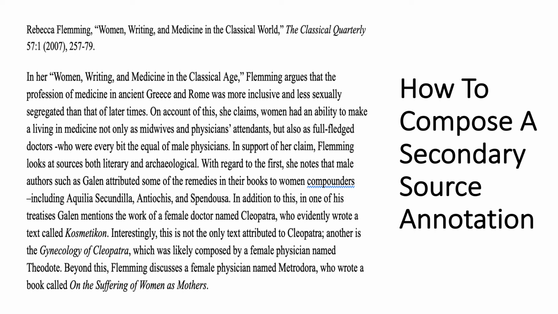And as part of my research, I found this really interesting paper by an historian called Rebecca Fleming. The paper is called Women, Writing, and Medicine in the Classical World, and I annotated it. I annotated it much like the way you're going to annotate some of your secondary sources for this project.